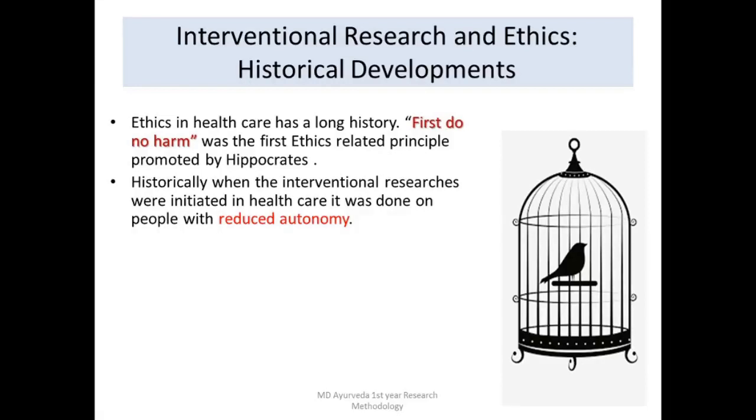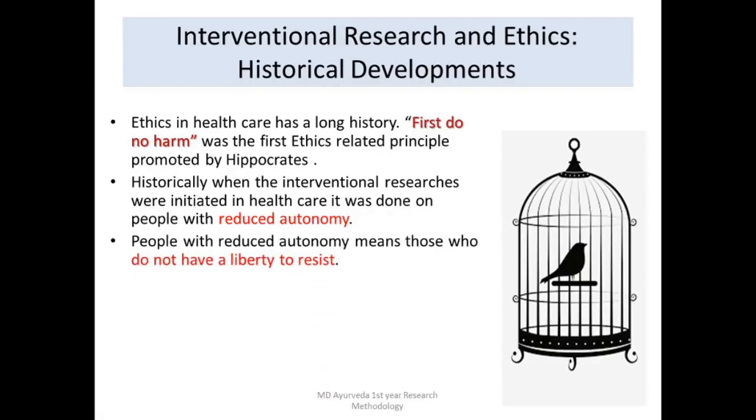What do we mean by reduced autonomy? We mean people who do not have the liberty to resist if you are willing to give some kind of intervention to them. They do not have the autonomy to refuse it.